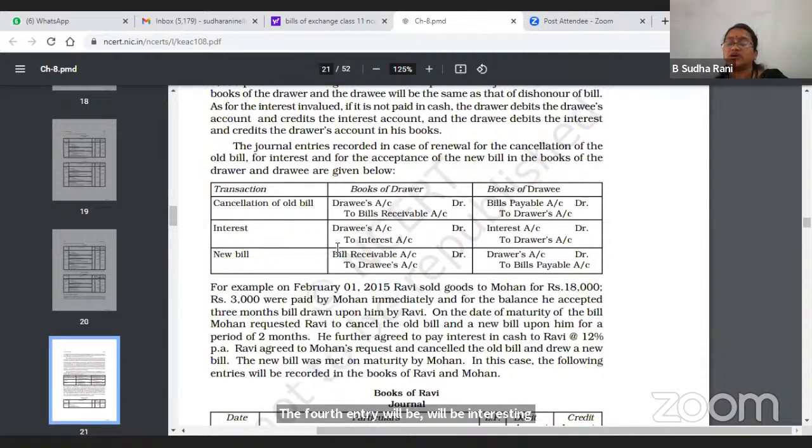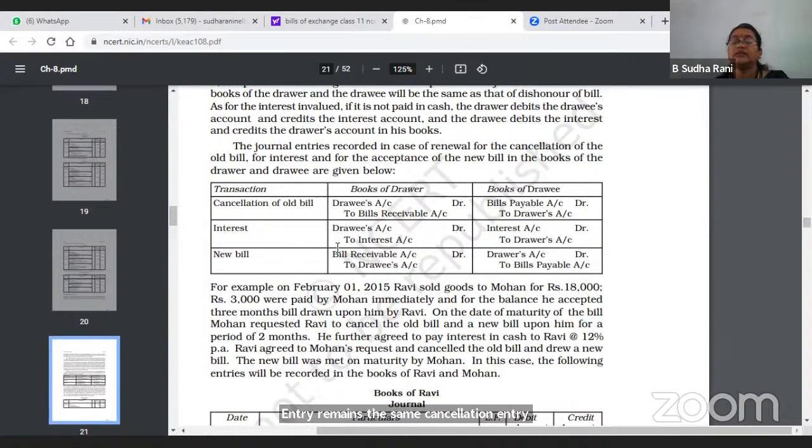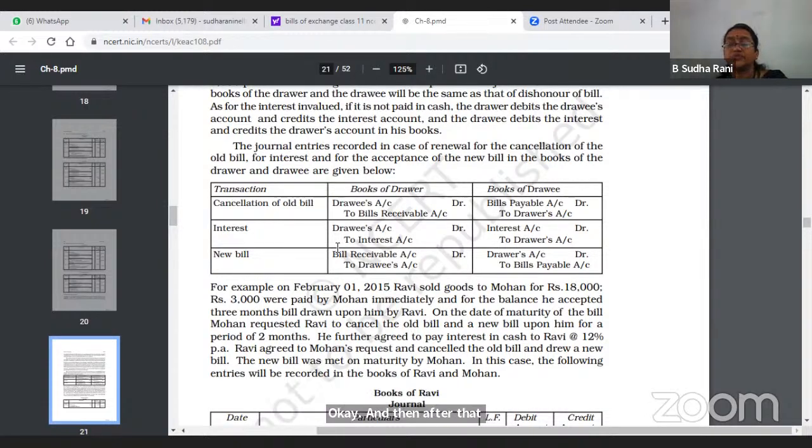After the dishonor entry, in place of dishonor you will mention new bill or renewal of bill, the term will change. Entry remains the same, the cancellation entry you will write. And then after writing the cancellation entry, the next entry must be the interest entry, because when you are writing a new bill, the drawer will surely charge some interest.